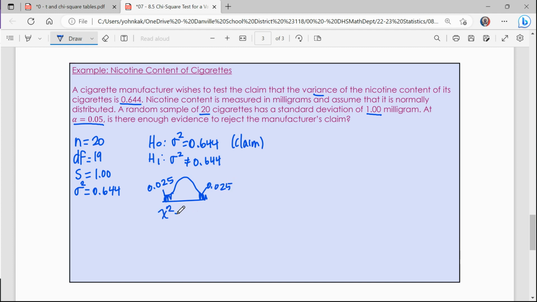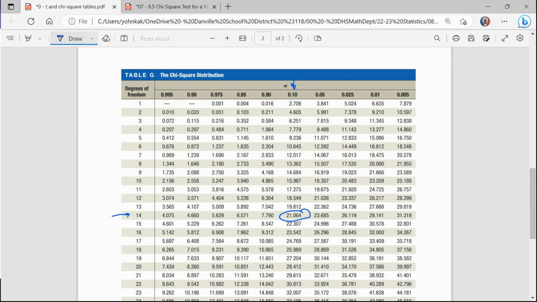When we find our chi-square critical values, we will have 2 of them. It's no longer plus or minus because it is not the same number. We will have 2 different numbers. So we need degree of freedom of 19 with 0.025. So we are in this column here and then symmetrically on that column.